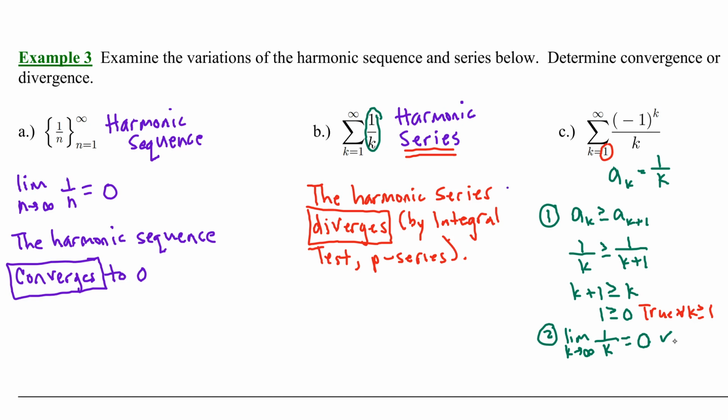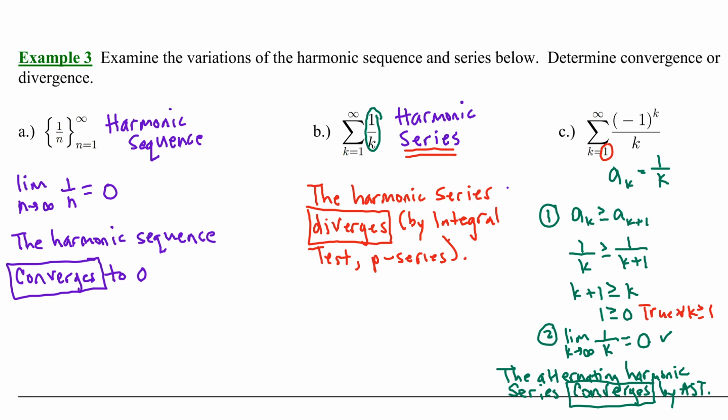So we can say, therefore, the alternating harmonic series converges by the alternating series test. So where your ordinary harmonic series diverges, if we allow it to alternate, it's going to converge.